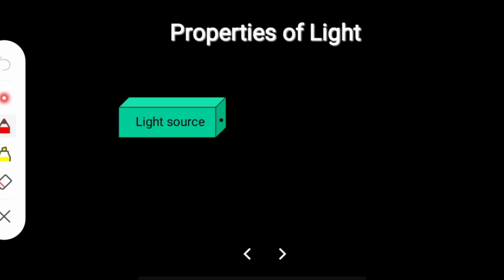Now let's discuss some important properties of light. The first property is light always travels in a straight line, like this. Let us consider that we have a light source, this one. If light is emitted from this source, it goes absolutely straight like this.